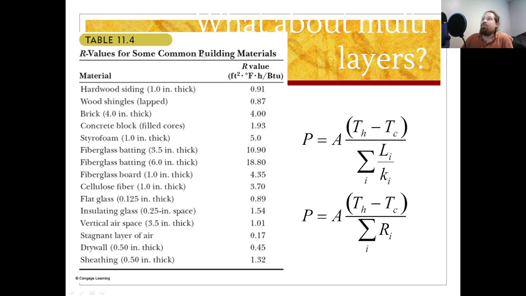For example, if we look at this chart of R values, we can see that hardwood siding that is 1 inch thick has an R value of 0.91. Bricks that are 4 inches thick have an R value of 4. There's multiple entries here for fiberglass depending on how thick it is.